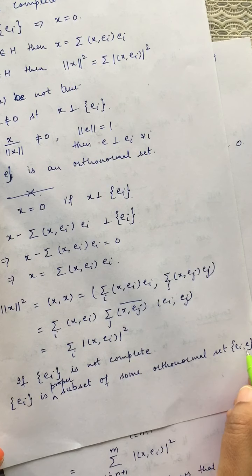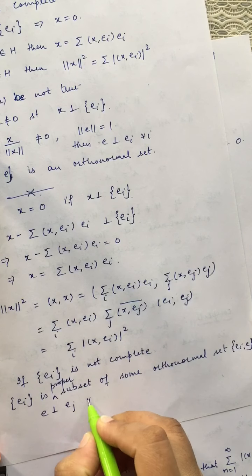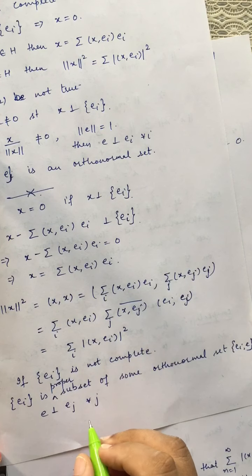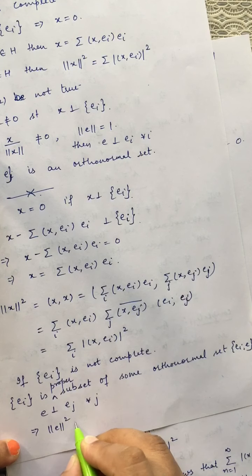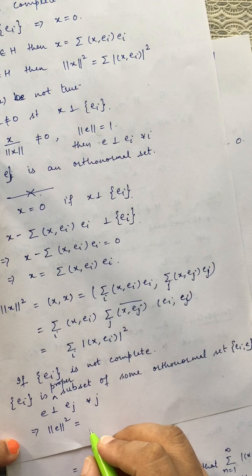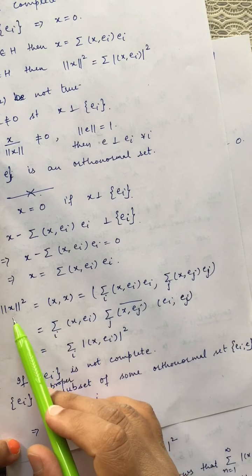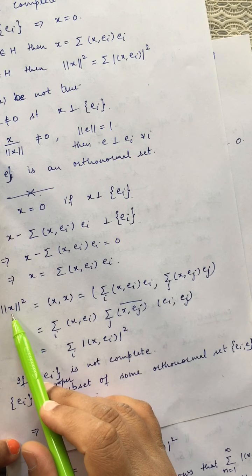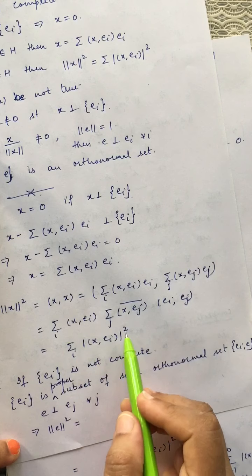Now since we are saying this is an orthonormal set, that means E is perpendicular to all EJs. So it means norm of E square, by the fourth part, we have said that for any vector X, norm X square is just a summation of mod of this inner product square.